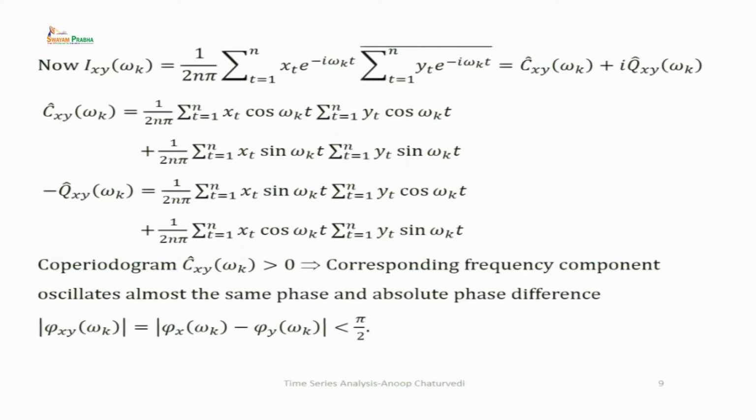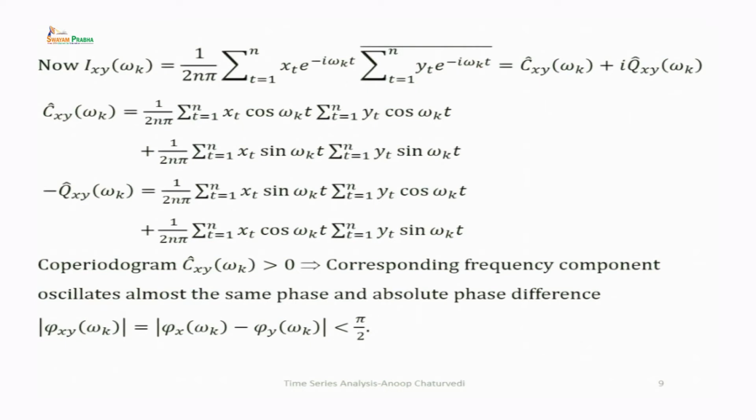And for obtaining the imaginary part, suppose you take the imaginary part of this, then you have to multiply the imaginary part of the first summation with the real part of the second summation, or you multiply the real part of the first summation with the imaginary part of the second summation.